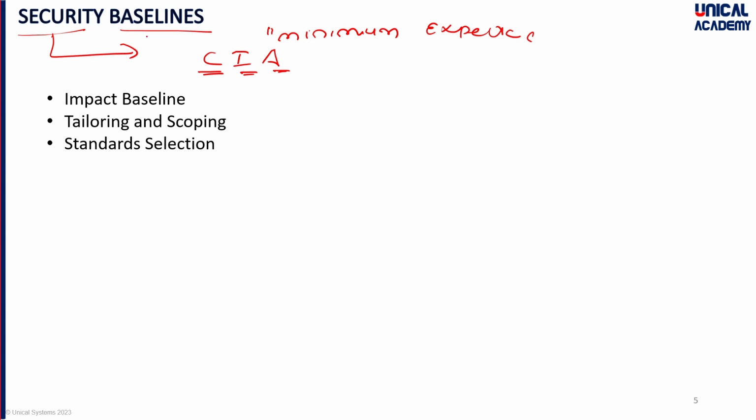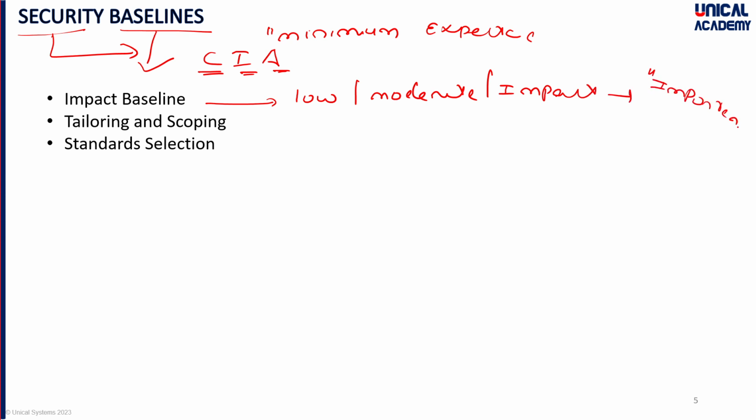So to start or to understand baseline, first understand what you want to safeguard. What is the impact in case of any breach? Whether it would be low impact for the organization's mission, or moderate impact, or very high impact. First, that classification on the importance of the data or asset. What is data?